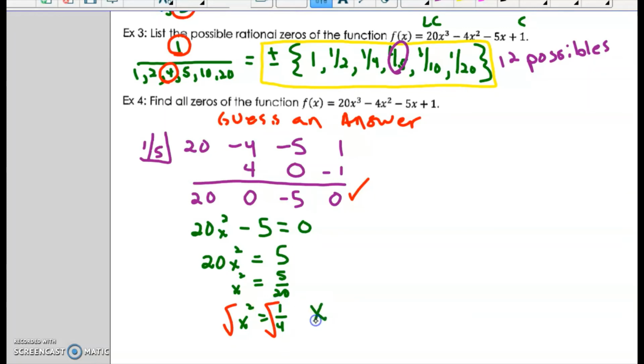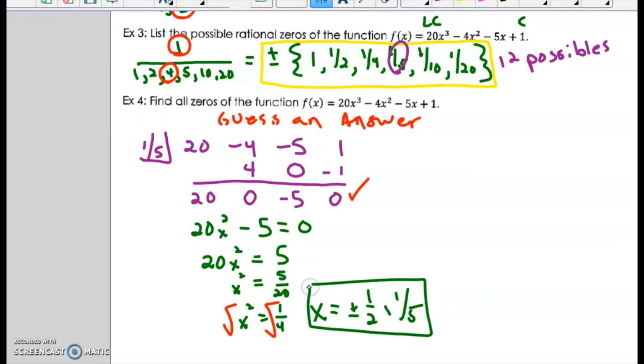And x gives us positive and negative 1/2, as well as the 1/5 that we found in the original problem for the 3 answers to this problem.